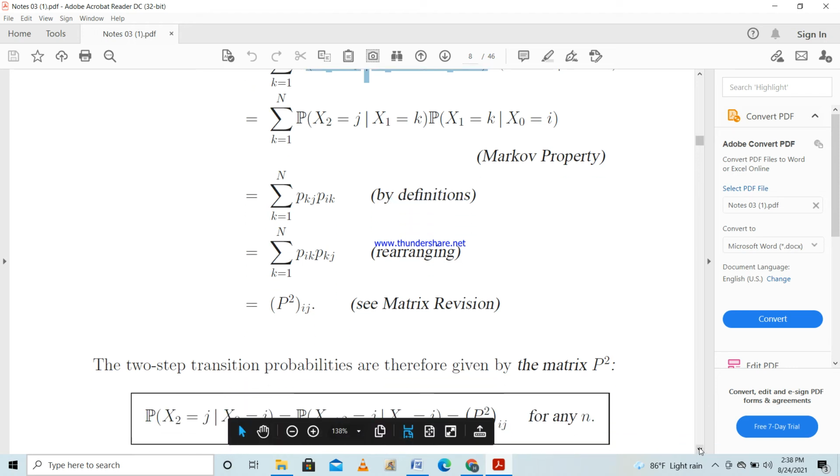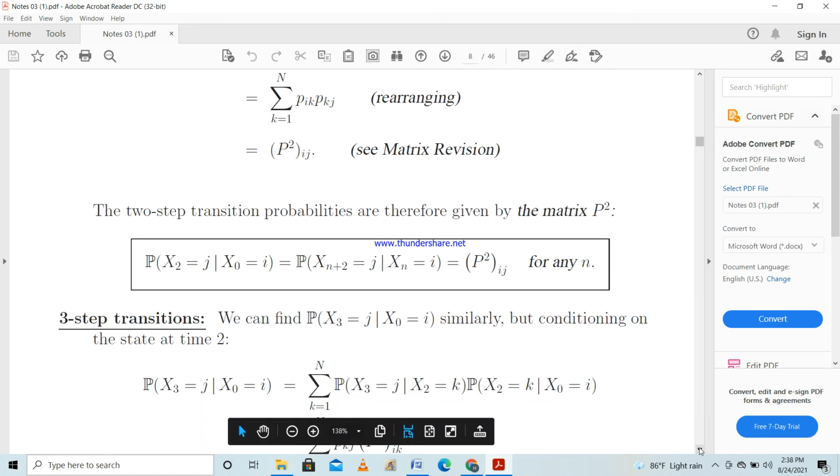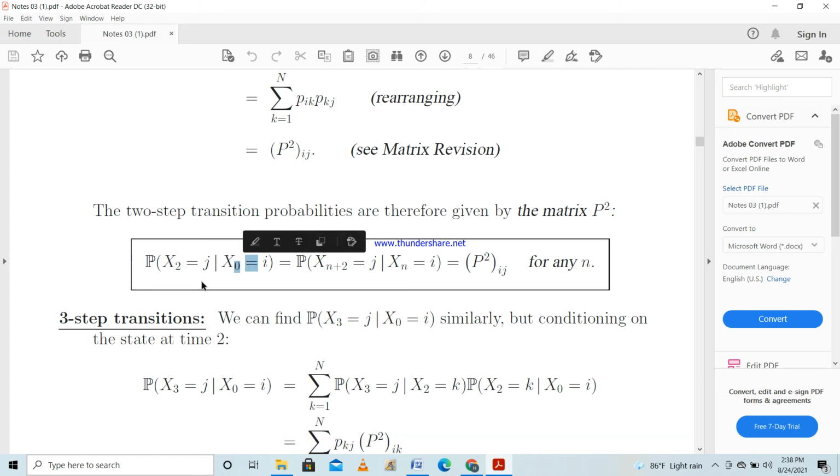With that we can conclude, if you are interested in two-step probabilities and if you already have the transition matrix, we have to take the squared term of the transition matrix, and that will give you the probabilities. Your rows will indicate where you are at time equal to 0, and your columns will indicate where you are when time equal to 2, with the probabilities.